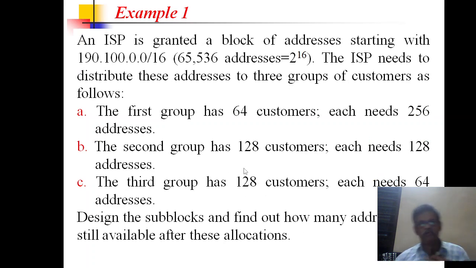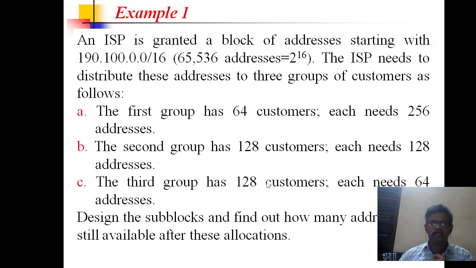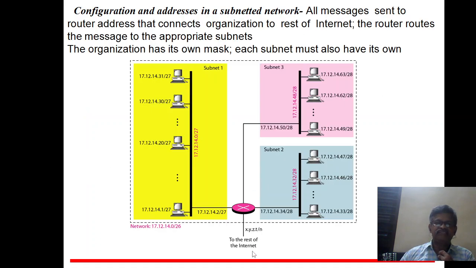So this is how masks are fixed within the organization. This appears as one address here, and internally it is divided. So from 26 you are increasing the number of ones to 27 and 28 by subnetting.